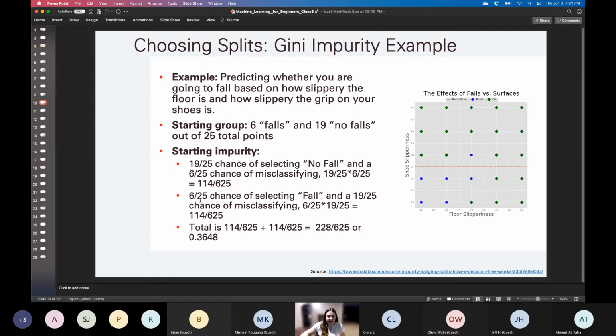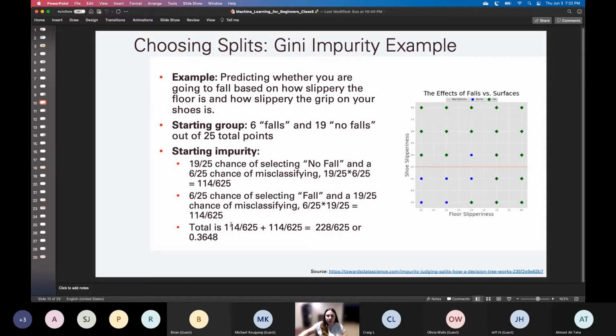The other side is if you're trying to select a fall: again, 6 out of 25 chance on one side and 19 out of 25 on the other. By the sides, I'm referring to one side of the red line and the other side of the red line, but right now we're looking at everything as a whole.